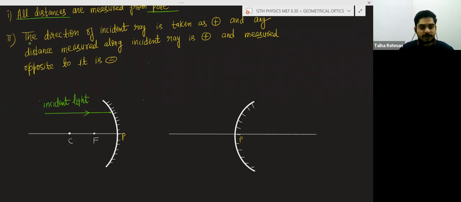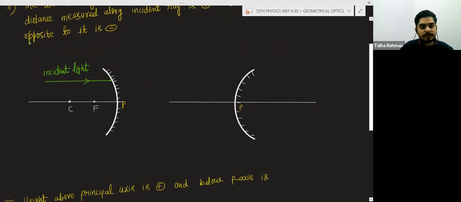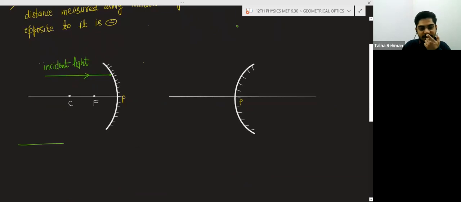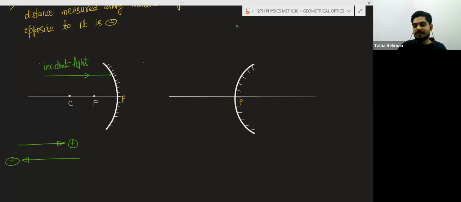So in this case, if you measure the distance in this direction, you will take it as positive. And if you are measuring the distance in this direction, then you will take the distance as negative. But distance can never be negative, because distance is some length. Length can never be negative. But this is a sign convention, so we will take distance negative or positive here. But remember, distance can never be negative.